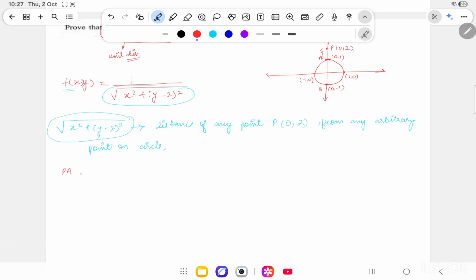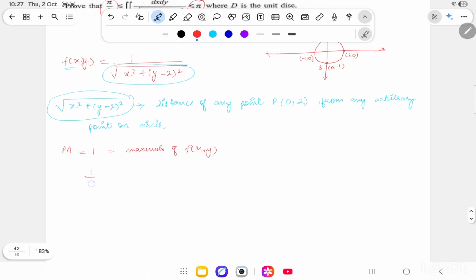So PA, that is equal to 1 unit, gives the maximum of f, that is the maximum of 1 by PA, because when this distance PA is minimum, only then my f will be maximum.